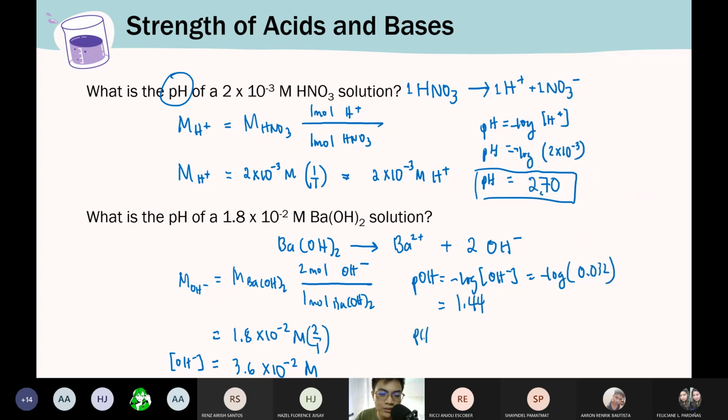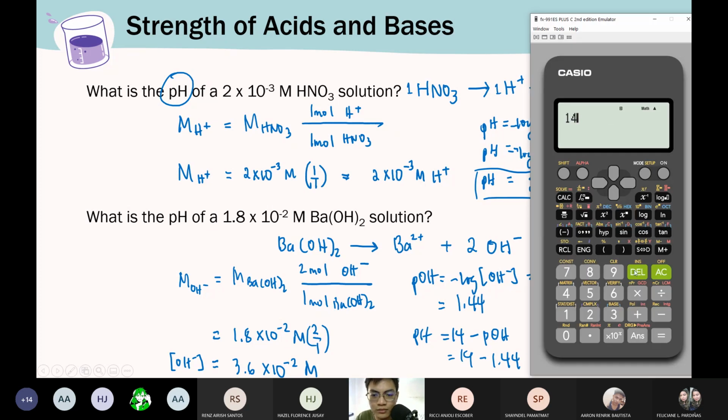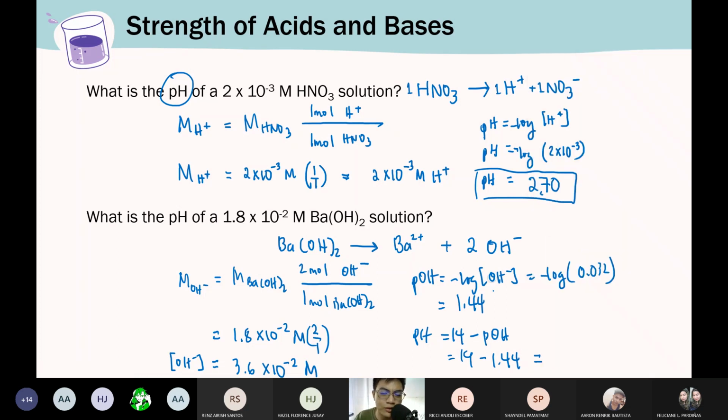And then the pH can be obtained by taking 14 minus the pOH. It's 14 minus 1.44, so that's equal to 12.56.